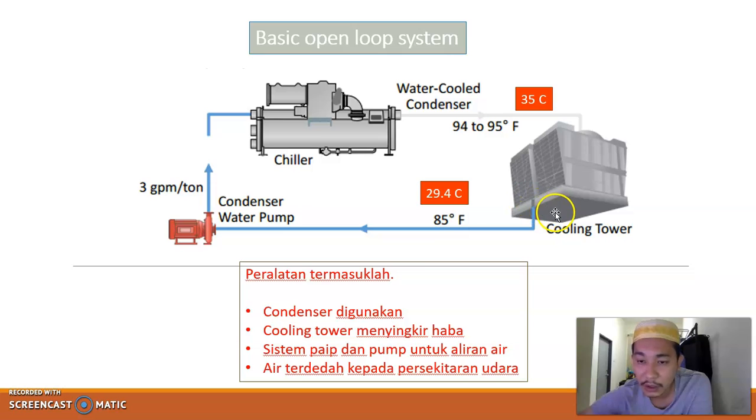After it goes through the cooling tower, the temperature decreases to about 85 degrees Fahrenheit or about 29 degrees Celsius. The condenser water pump will suck the condenser water and send it to the chiller, rotating the condenser water to make sure the condenser rejects the heat in the chiller system.